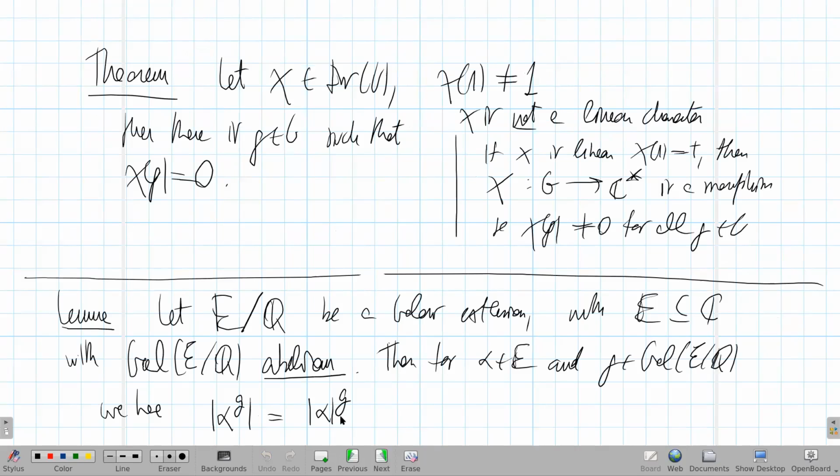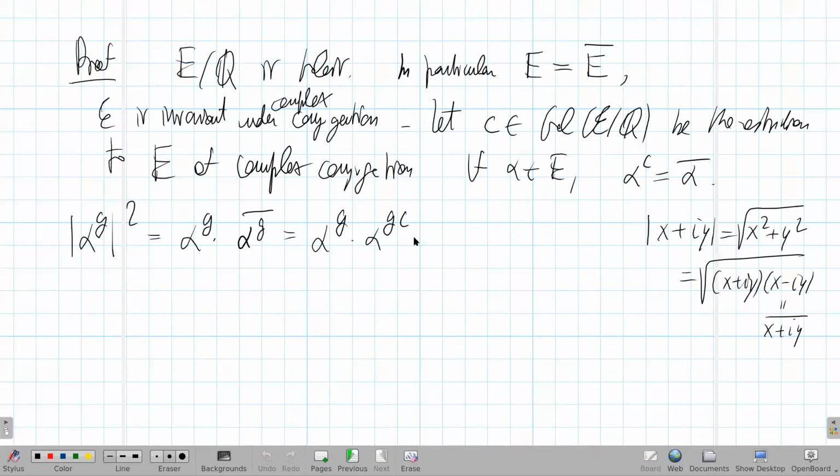And the important assumption is that this Galois group is abelian. So this means that you can exchange these two, because the group is abelian. This is a composition, a product in the Galois group, so since it's abelian, you can exchange this.